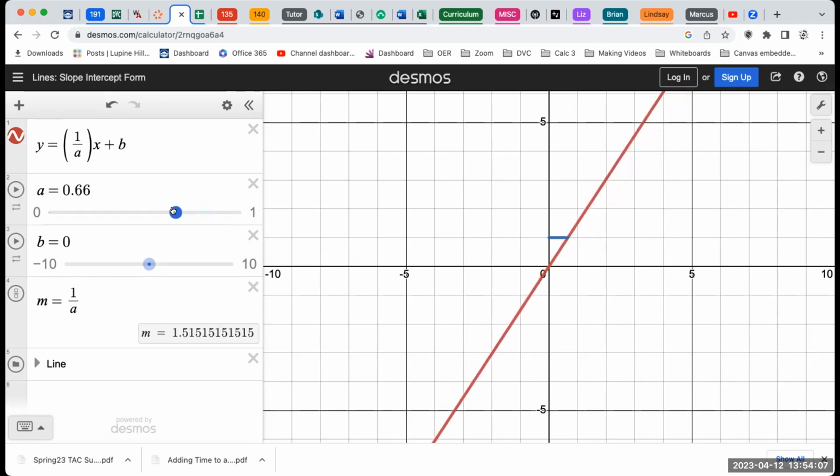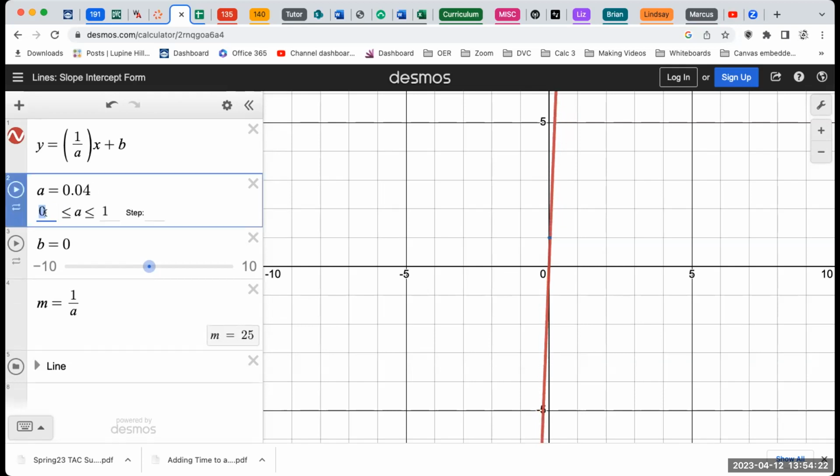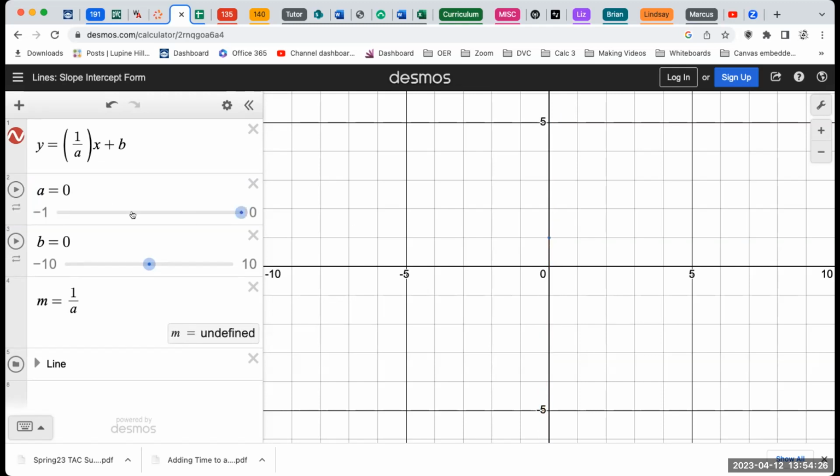A starts getting smaller and smaller, and what seems to be happening to the slope? It's getting bigger and bigger. Most of you walking around noticed that. But as you approach 0 from the left side, what's happening to the slope now?